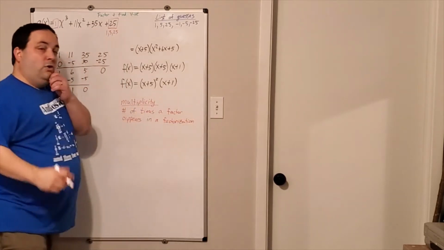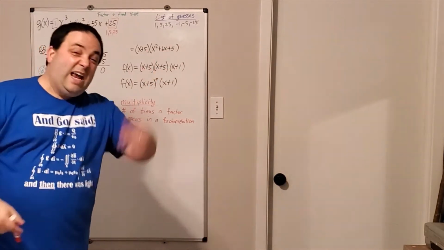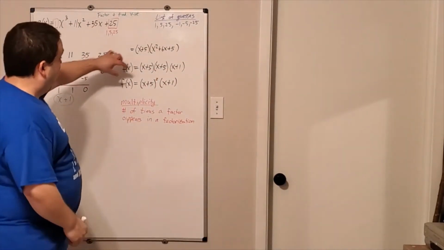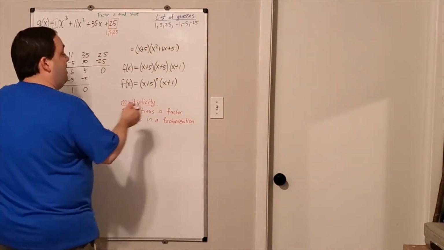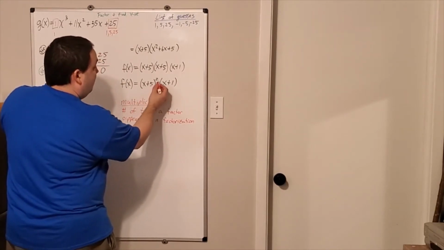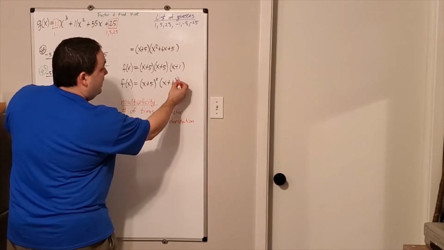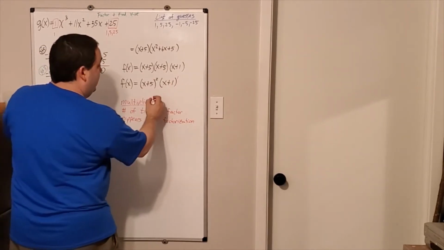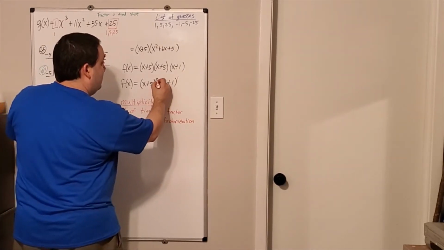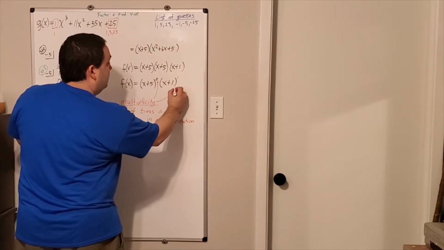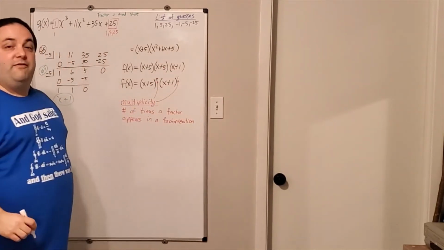Shorthand for that, the exponent on a term, right? The exponent on a factor. The multiplicity of x plus 5 here is 2. The multiplicity of x plus 1 here is 1, right? In this case, the multiplicity is equivalent to the exponent on the factor.